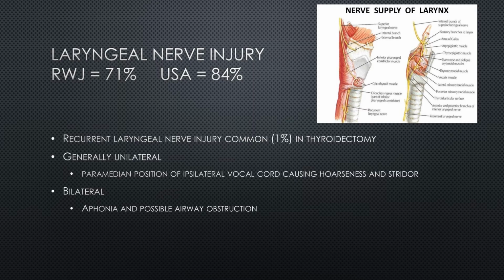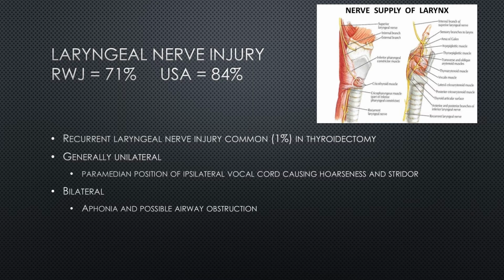All right, our next keyword is laryngeal nerve injury. The biggest risk of this is in thyroid surgery, and the recurrent laryngeal nerve is the portion of the laryngeal nerve that's of most interest. Injuries in thyroid surgery are usually unilateral, although bilateral nerve injuries can occur as well.